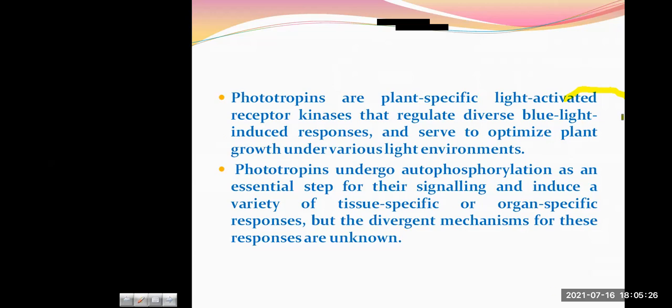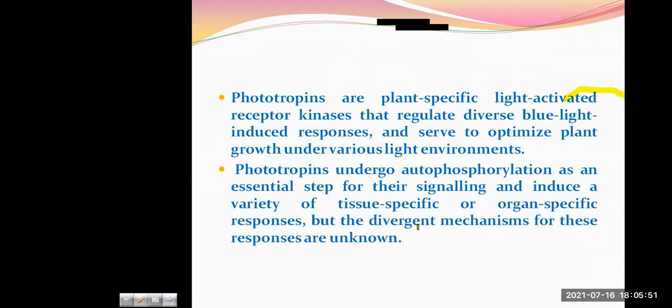That is, plants can grow fully under various light conditions by harvesting maximum light through these photoreceptors. So phototropins are a kind of photoreceptors. Their role is the mechanism of addition of phosphorus. That is why they are called kinases.